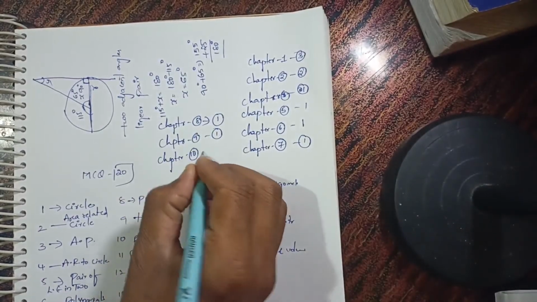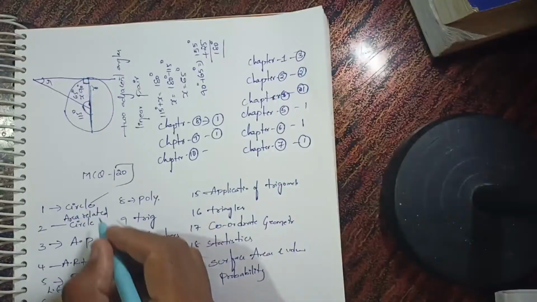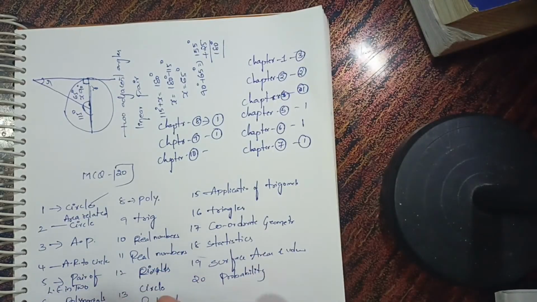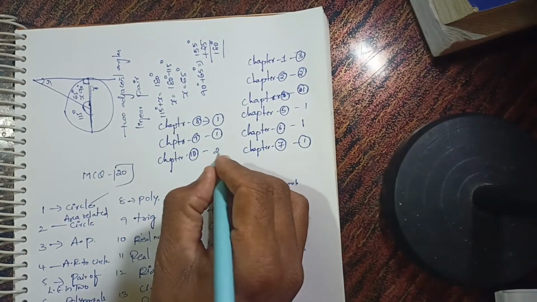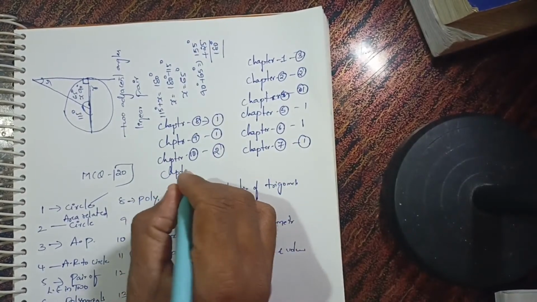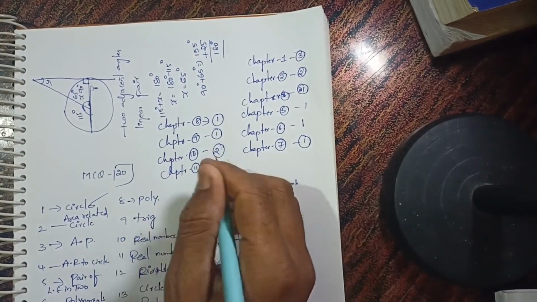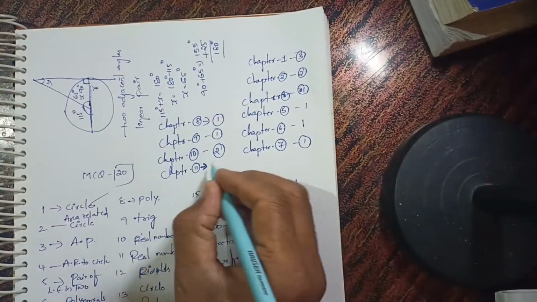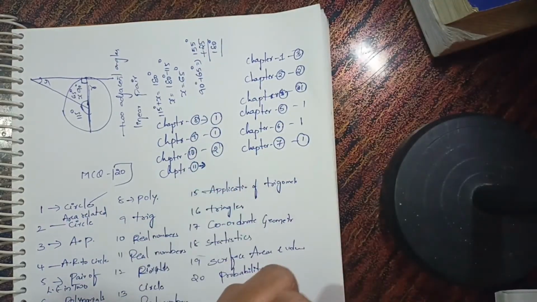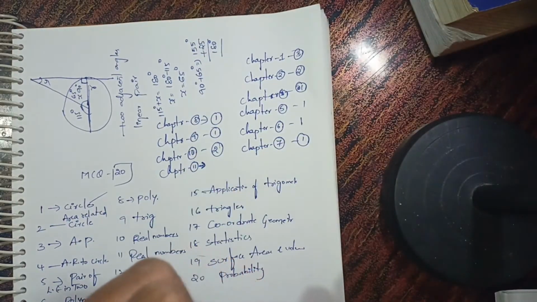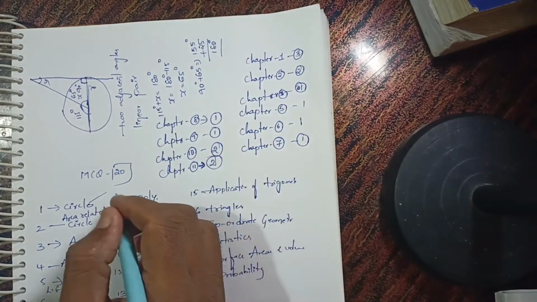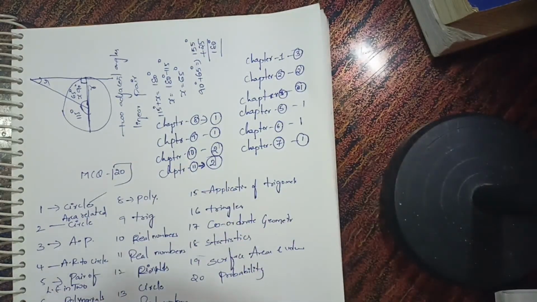Chapter 10, circles, we got 2 questions. Chapter 11 is area related to circles, also we got, I think, 2 questions. Next, chapter number 12.